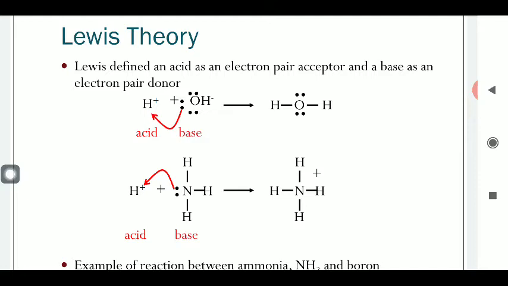So how can you explain acid and base on the basis of the Lewis concept? According to Lewis, bases are electron pair donors, and acids are electron pair acceptors. For the first time in this theory, no proton transfer is counted.